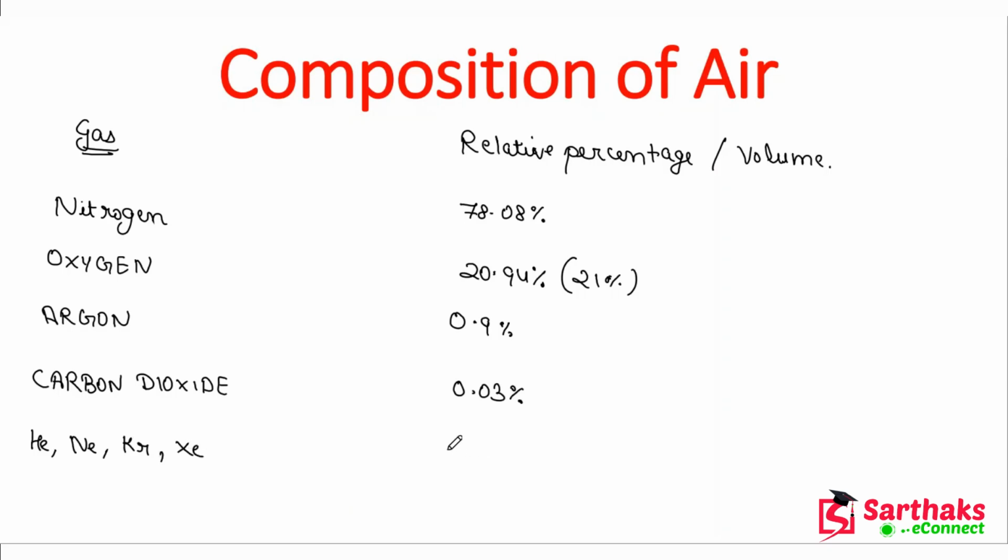These are present in trace amounts, in very little amounts that cannot be counted or measured. I hope this is clear, we have studied the composition of air. The maximum percentage of gases present are nitrogen and oxygen.